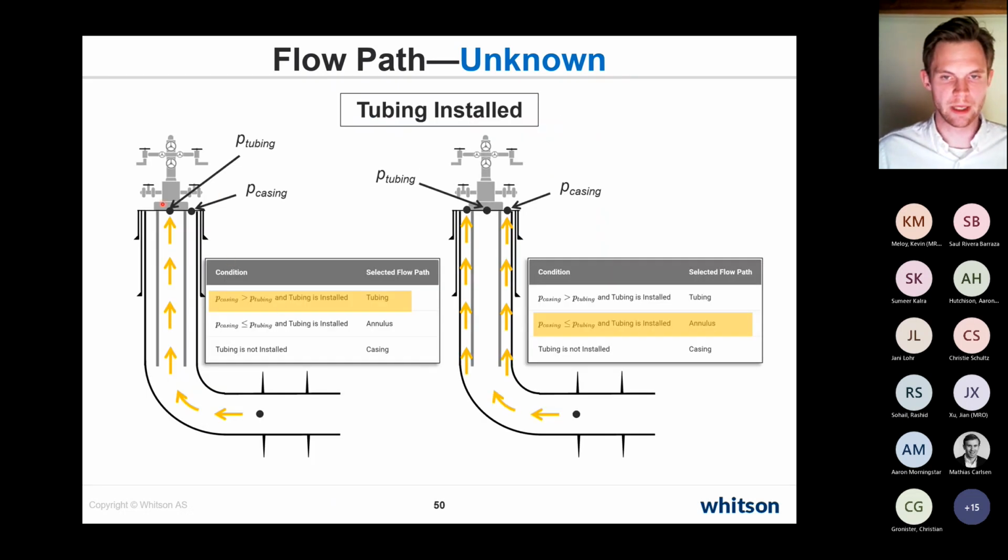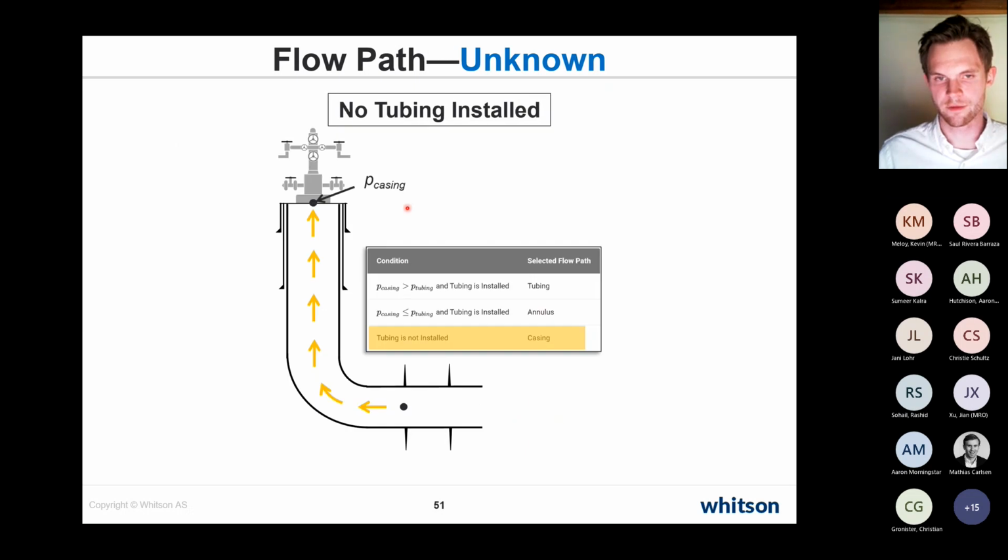So if there's a tubing in place and the casing pressure is greater than the tubing pressure, then you're flowing up the tubing. So that's when the tubing has the lowest back pressure. If the opposite is true, if the casing pressure is smallest, then we flow up the annulus. And if there's no casing and no tubing installed, then it's really not a choice, it's casing flow.